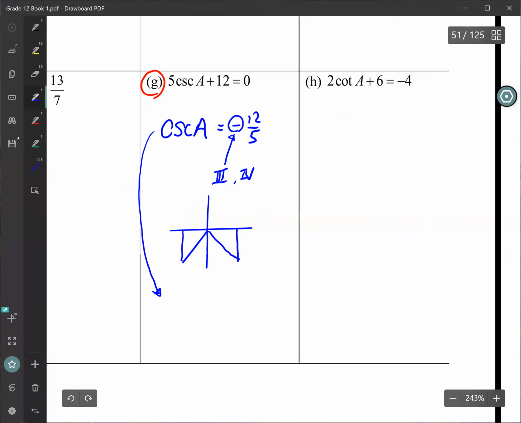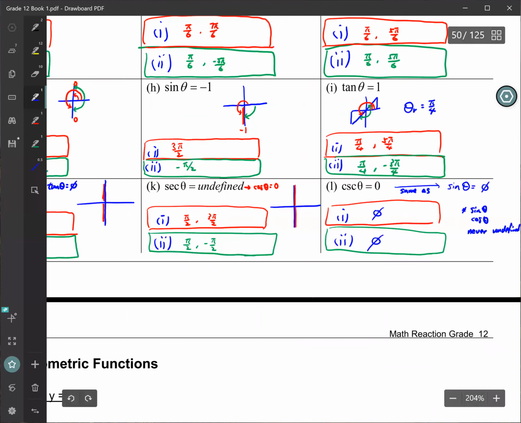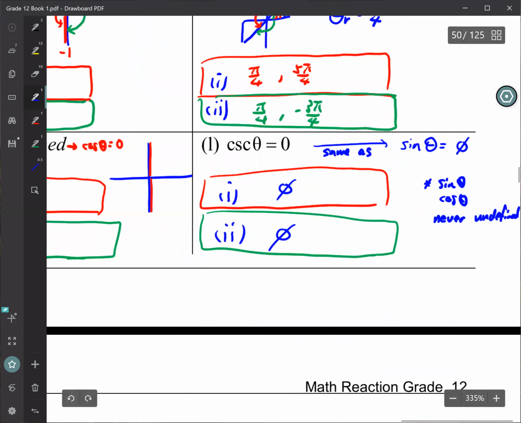Remember in the last page, like question L, cosecant equal to 0, I can rewrite it as sine equal undefined. So basically, you just reciprocal both sides at the same time, then it doesn't change the question. It's still asking the same thing, just written in a more friendly form.